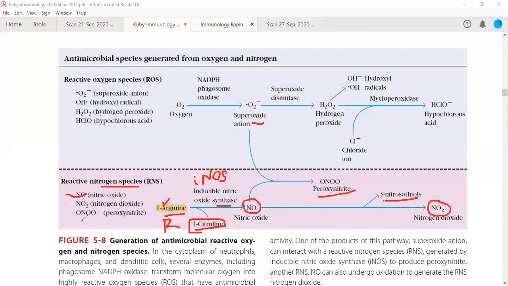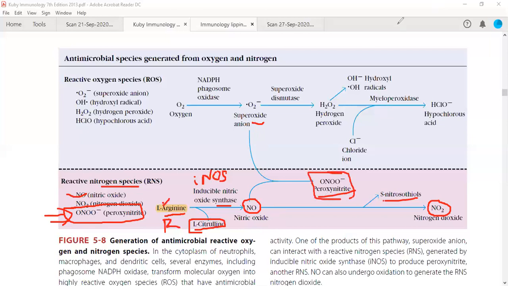So nitric oxide, nitrogen dioxide, and peroxynitrite are all reactive nitrogen species. In fact, peroxynitrite is a combination of reactive oxygen and reactive nitrogen species, because it comes from nitric oxide and superoxide anion.